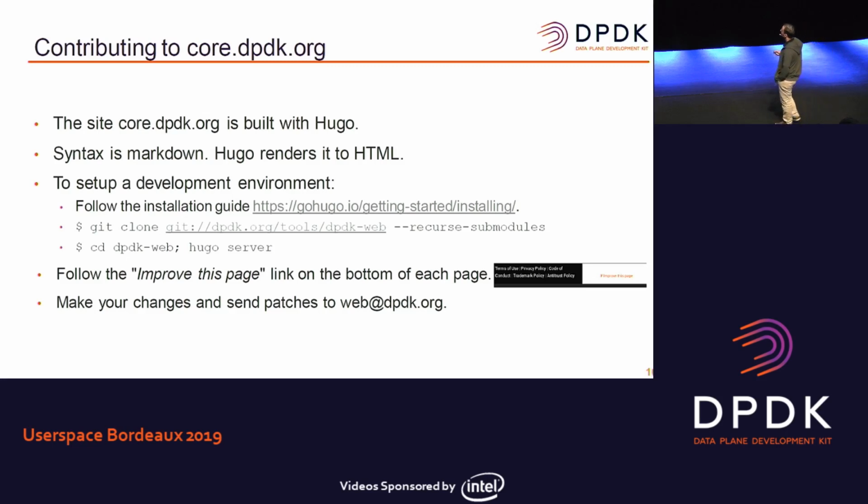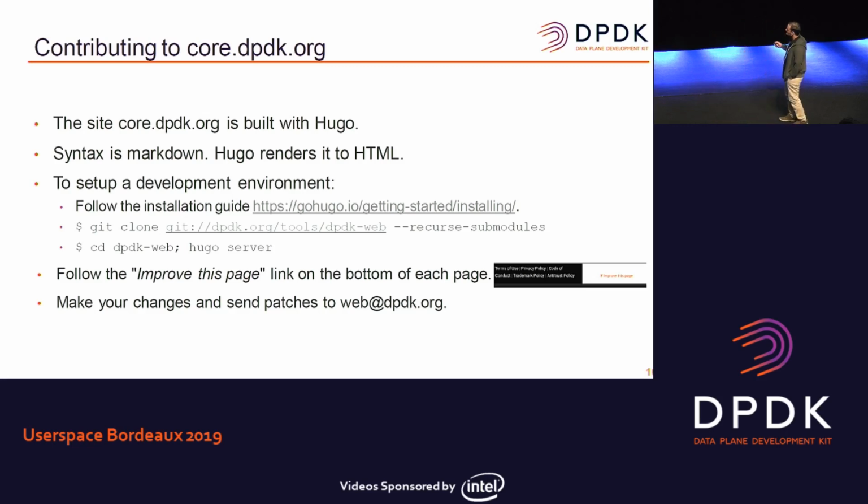You can then clone the repository, dpdk-web, which has the source code for core.dpdk.org. You can then run the command hugo server inside that directory. One more thing: when you clone, just make sure to pull the submodules, because that pulls a theme that we use with the website.